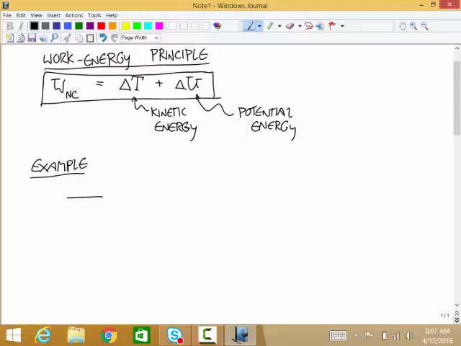Okay, so let's say that we have a mass m attached to a spring with a constant k.